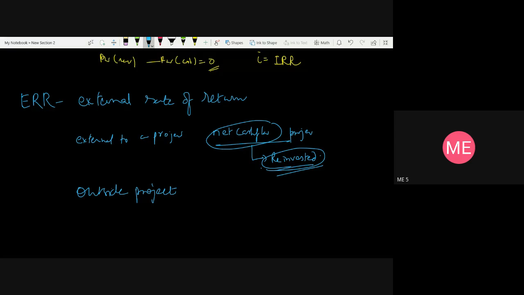So that is what we call ERR. With this, we have discussed three different types of rate of return. In the syllabus you have only the internal rate of return, which we will discuss in the next class.